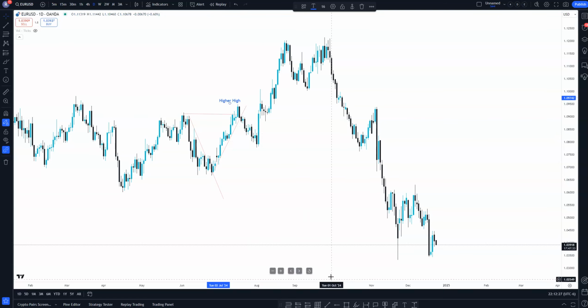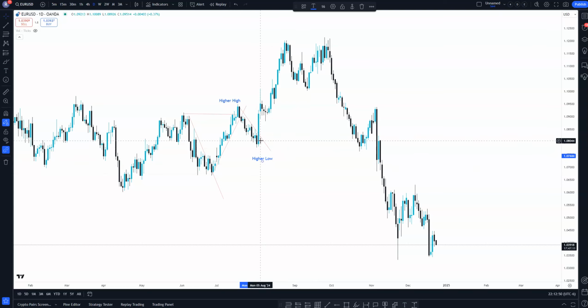So then we get this down movement here. Then we broke it. So then this will be our higher low, right?